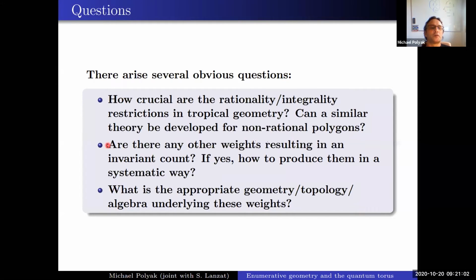Because if you already forget about the original setup, the original real or complex algebraic geometric setup, then why not work with some other weights? And then how to produce these weights, if there are any. And then obviously, can you say anything about geometry, topology, or algebra underlying these weights? Again, without any relation to the underlying honest algebraic geometry, but seeing it only in this version of tropical geometry and possibly some moduli space.